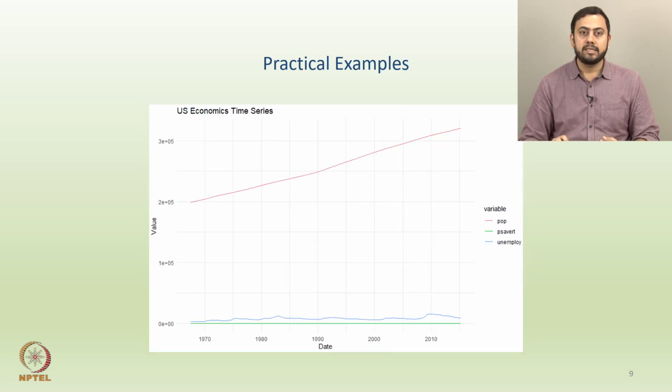And probably one last example is the US economic time series. Here you have three series: population, unemployment rate, and savings rate. The middle one, given in green, is called the personal savings rate. So is there any relationship between the population, the savings rate, and the unemployment rate?